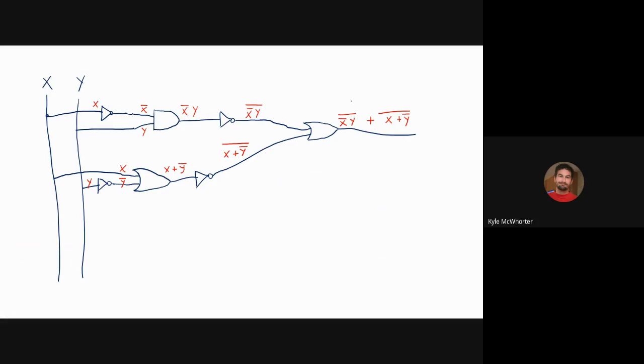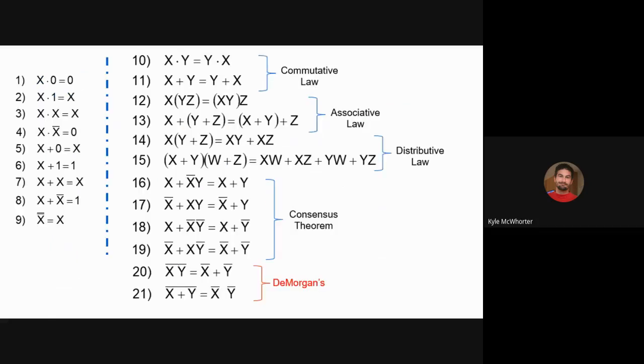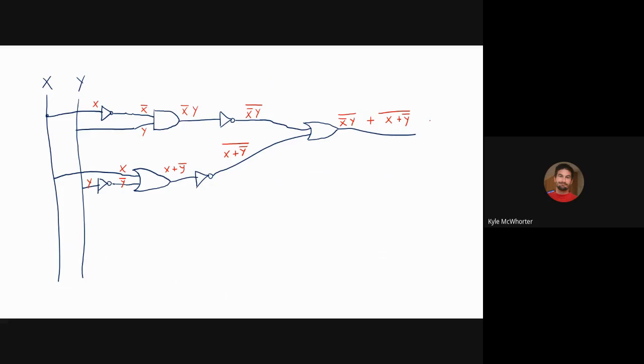All right, so the first thing I'm going to do is use theorems 20 and 21, the De Morgan's theorems. Theorem 20 is going to break apart the multiplication and 21 is going to break apart the addition. So if I break this, it'll have a plus in between.